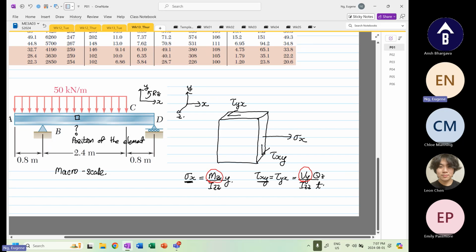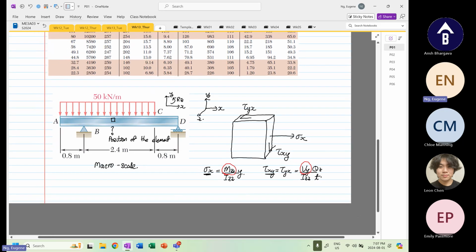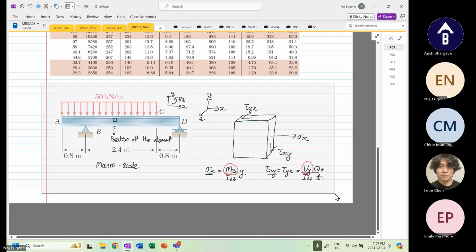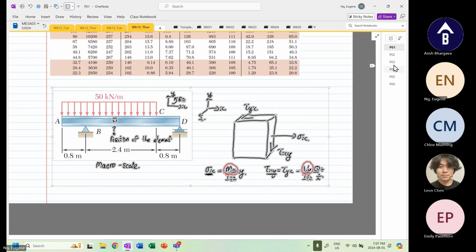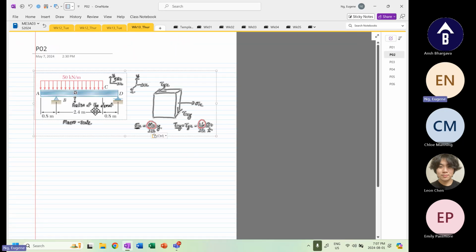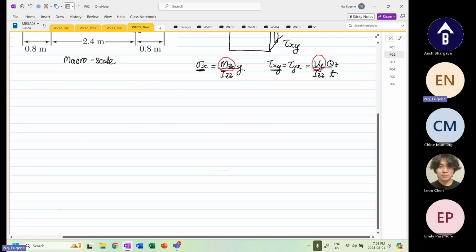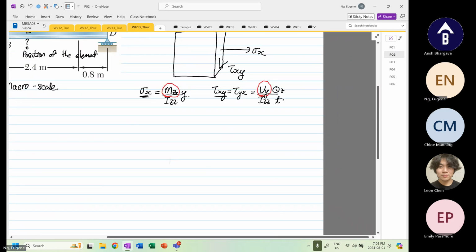Now, by looking at these two formulas, we need to focus on this formula.